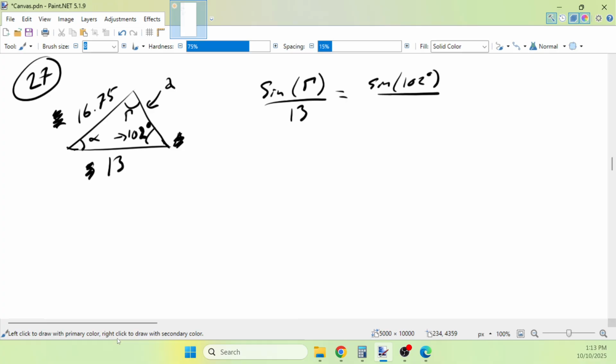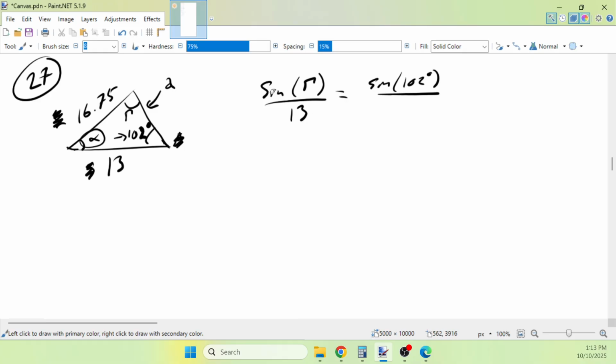If that angle is over 90, that means that we're not going to get another angle that's over 90. I said there are two possible values for alpha in this equation. That would be true if the angle we knew was smaller than 90. Once you have one angle bigger than 90, you can't have two angles bigger than 90. So this is not going to be ambiguous. We're only having one triangle here.